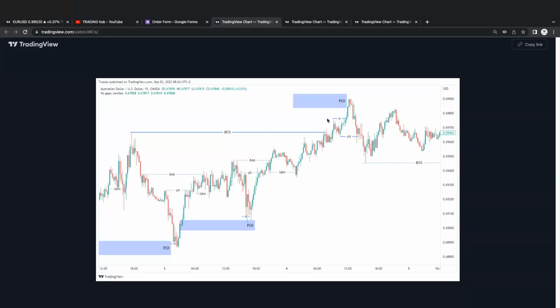If this is not a PY, this is a bullish market, so this becomes our inducement. So remember next time. All right, now let's see another one.